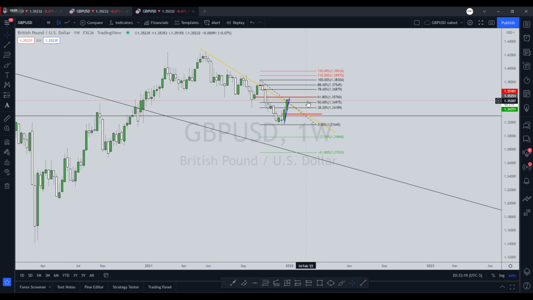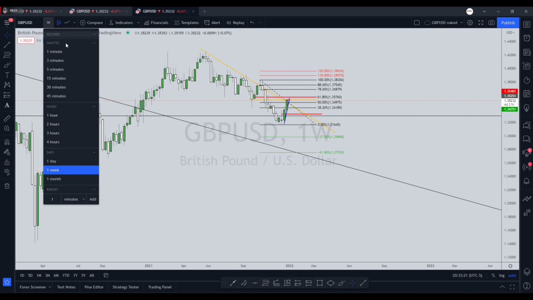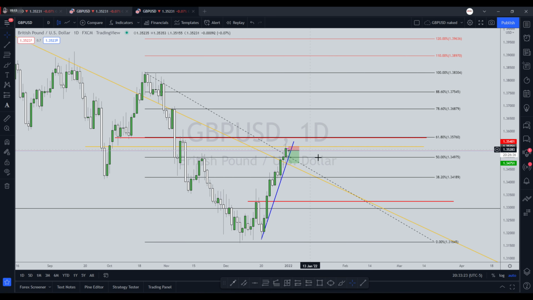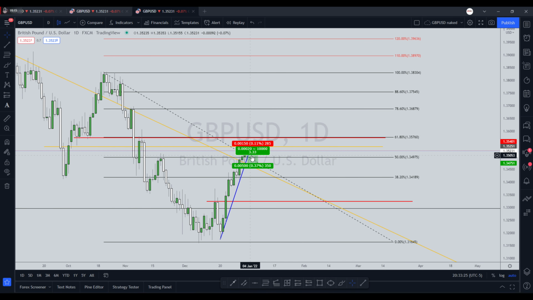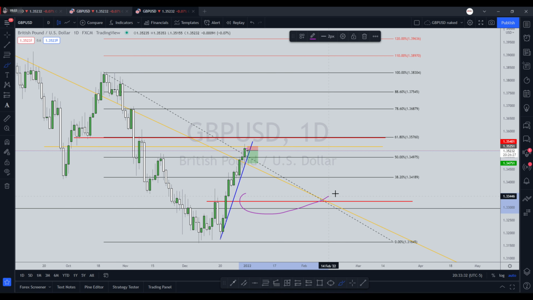That was like a resistance level, based off the weekly. So the goal is to get price all the way back to this area right here before we could take our next buy.